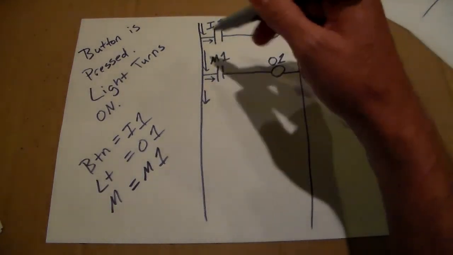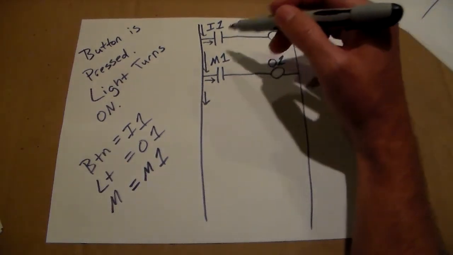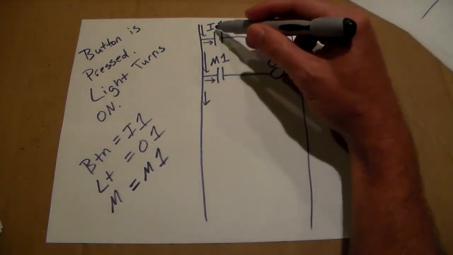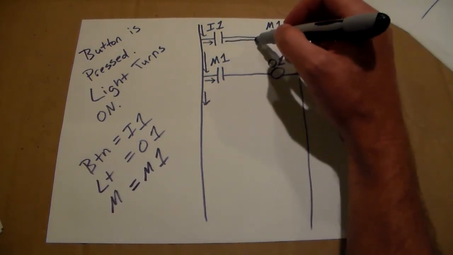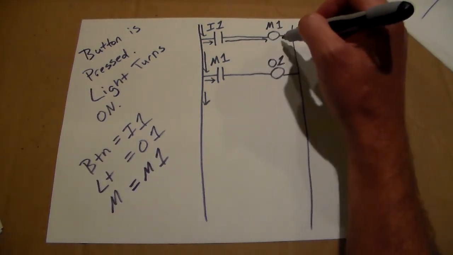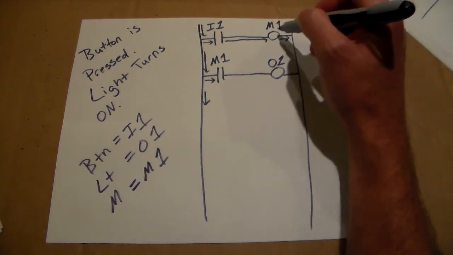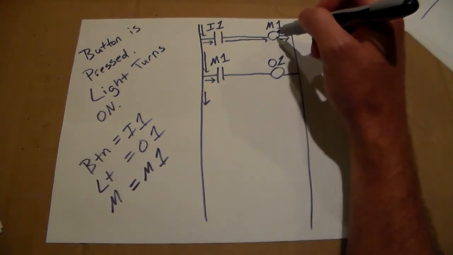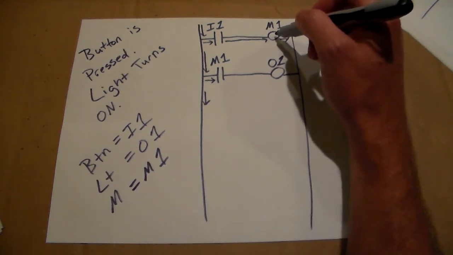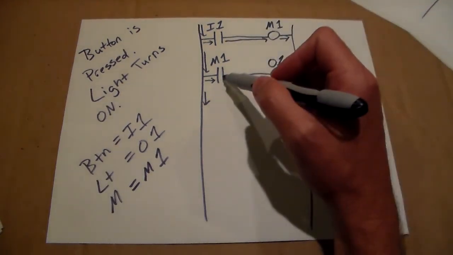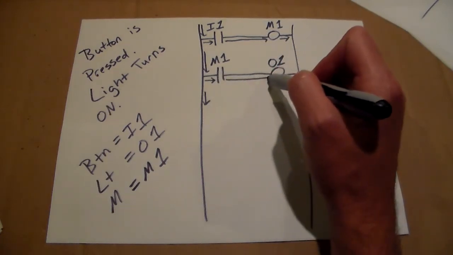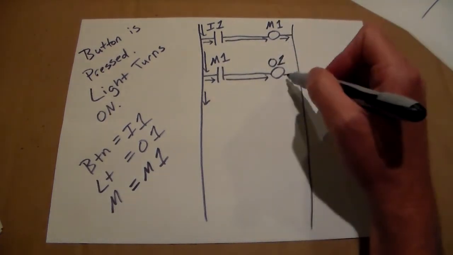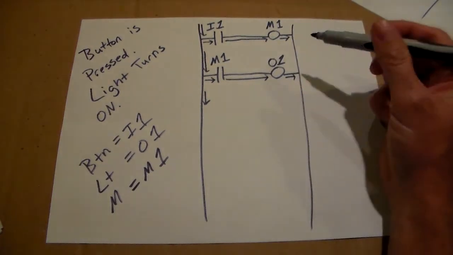So whenever the scan comes around that somebody presses the button, you'll see input 1 has power on it, so it'll update this input, and the logic will be able to flow. And it'll see M1, the coil can come on. Like I said, because when this M1 comes on, that means this M1 comes on. So when it hits this rung, the logic can pass that contact and it can cut on our output, which is our light.